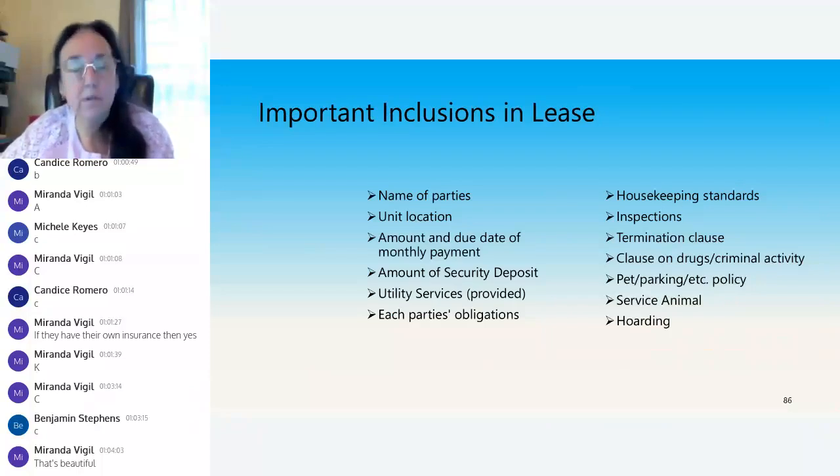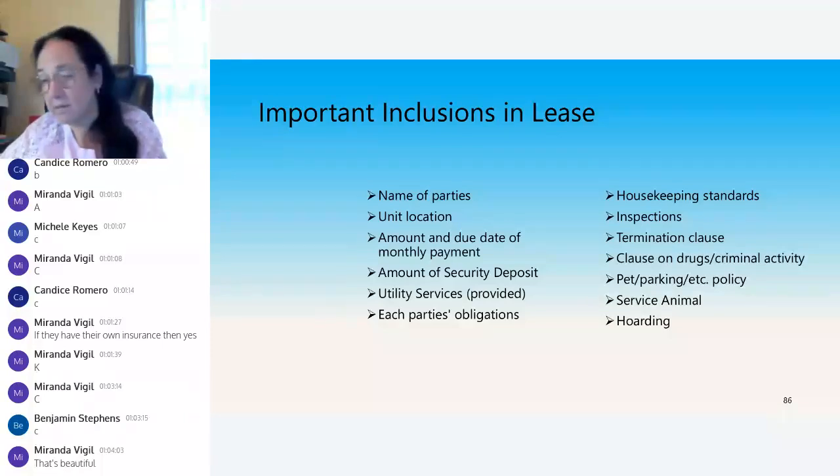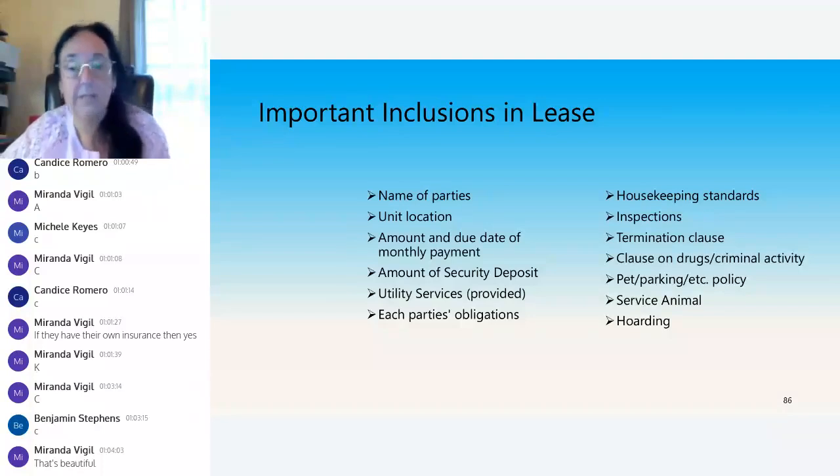There are important inclusions in your leases: the name of the parties involved, the unit location, the amount and due date of the monthly payment, the amount of the security deposit, the utility services that you provide, each party's obligations, housekeeping standards, inspections, termination clauses, clauses on drugs and criminal activities, pets, parking, different policies that you have in place, service animals, hoarding could actually be on there.